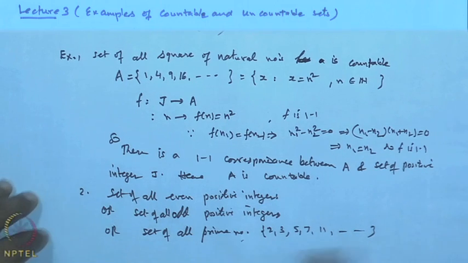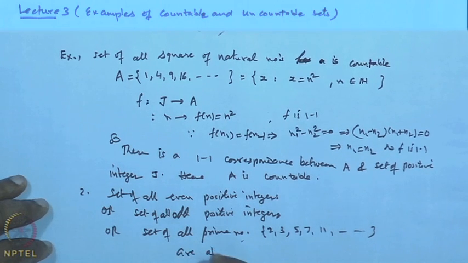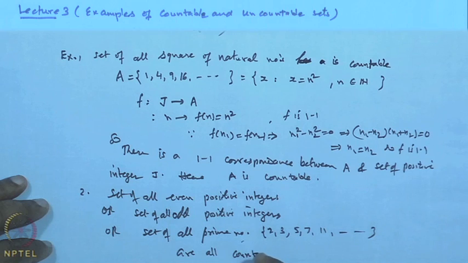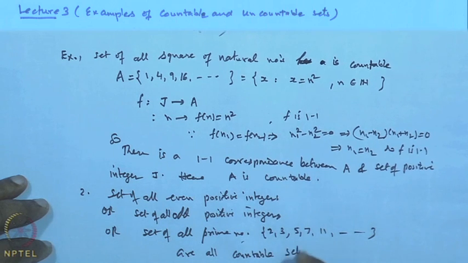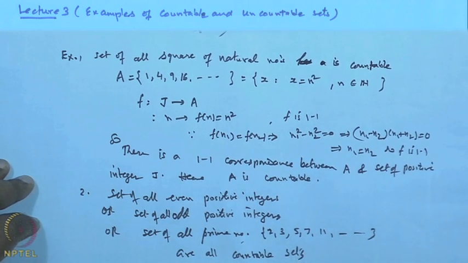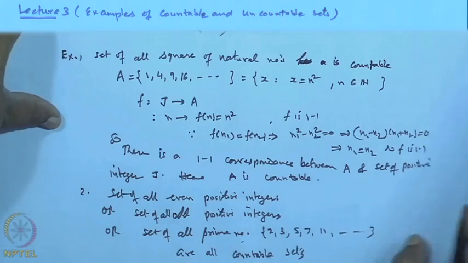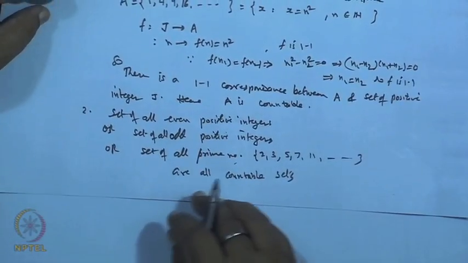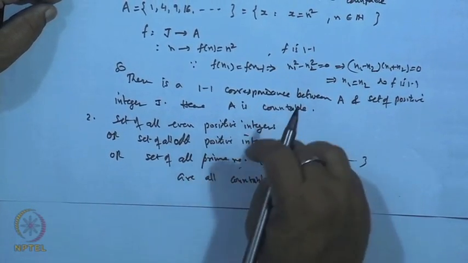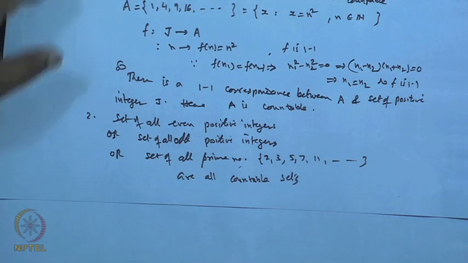These are all countable sets, which can be easily shown by drawing a mapping from the set of natural numbers to this set.